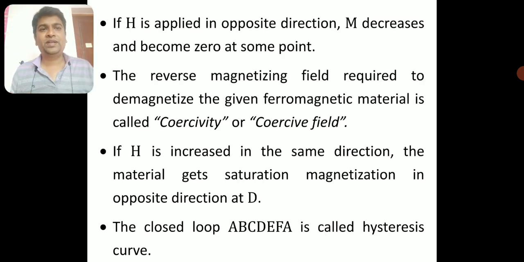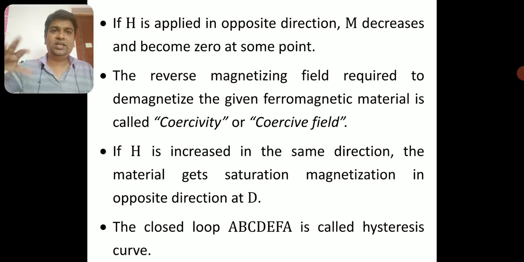Now, if H is increased in the same direction, going further in the negative direction, what happens? The magnetic material attains saturation magnetization in the opposite direction.